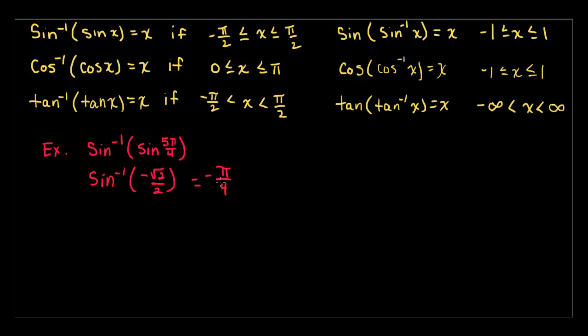However, it is not between negative pi over 2 and pi over 2, which is the domain for our function. Therefore, we take the one that most closely fits and we subtract 2 pi from that. That gives us negative pi over 4.